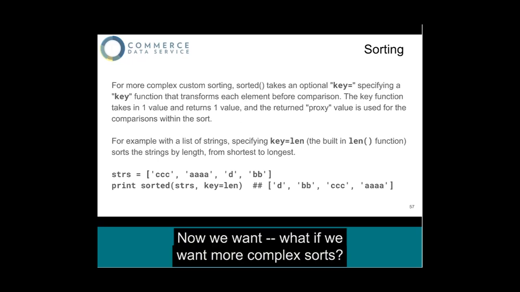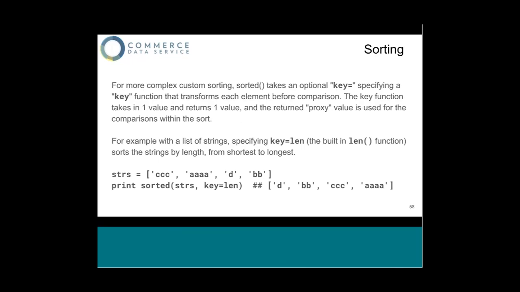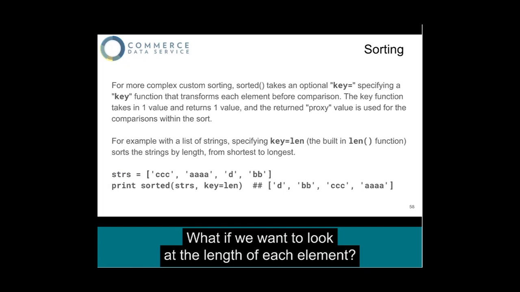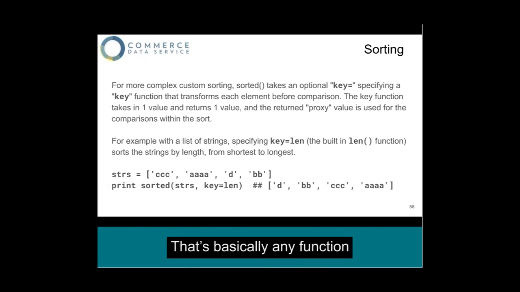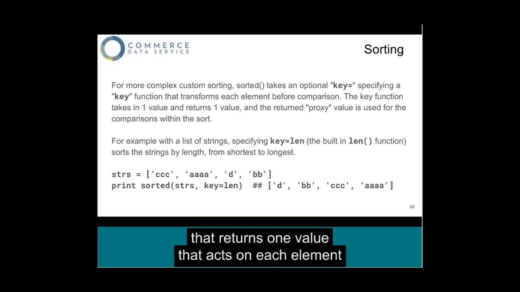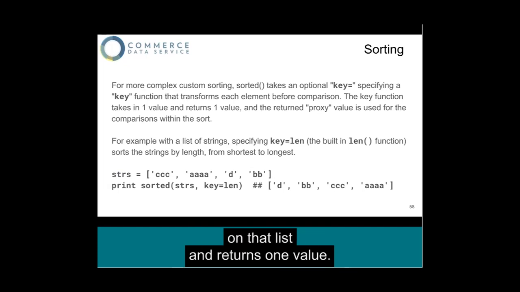Now what if we want more complex sorts? What if we want to look at the length of each element? That's where the option key comes in. In sorted, we can pass a key. That's basically any function that acts on each element of that list and returns one value. So len is totally something that does that.